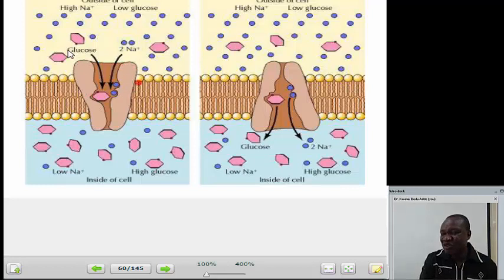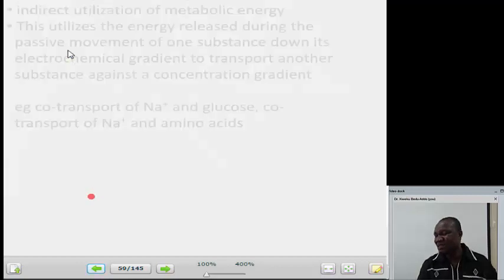An example of a symport is the sodium glucose carrier. Now, this carrier is moving both sodium and glucose in the same direction. That is from the extracellular fluid into the cytoplasm. So it is a symport.